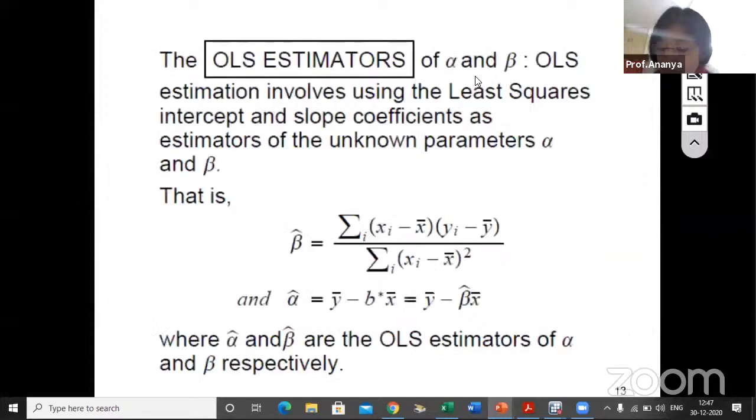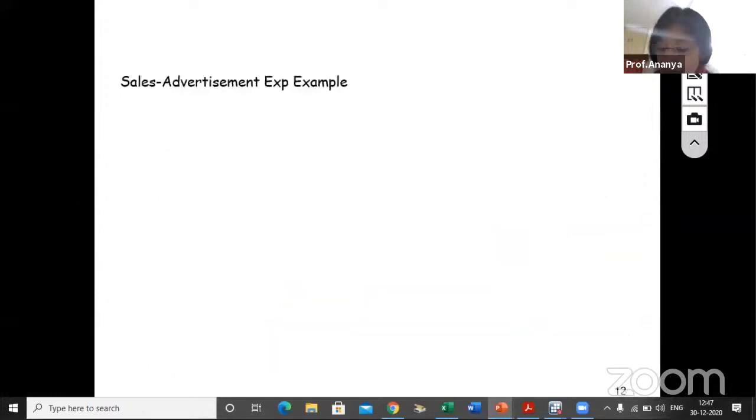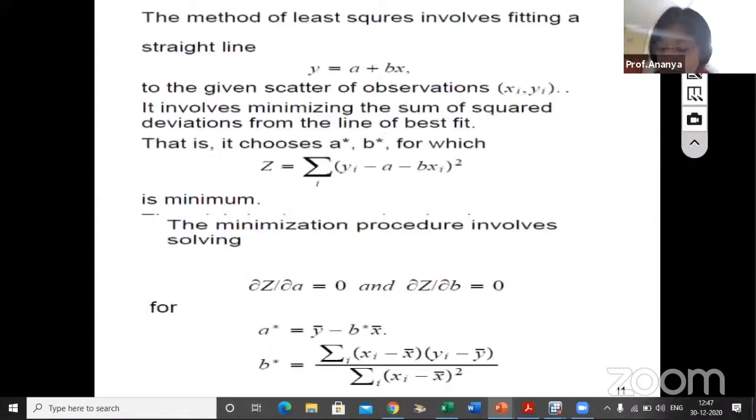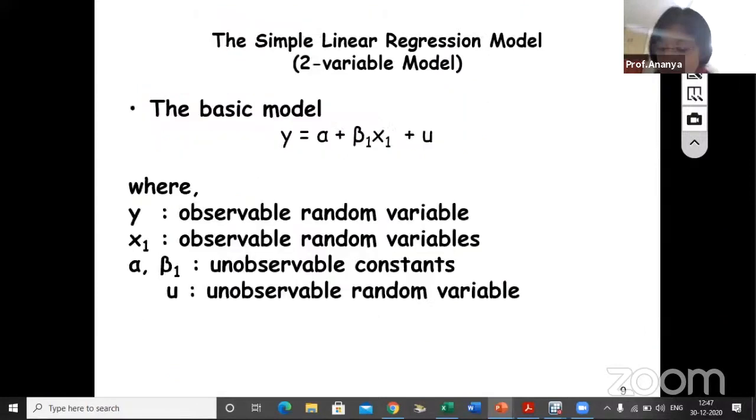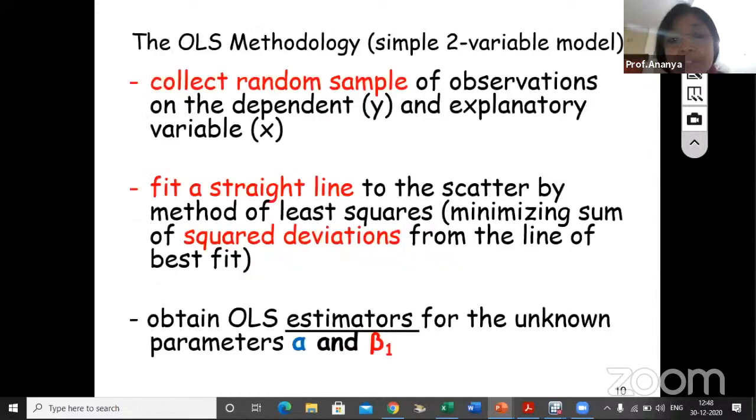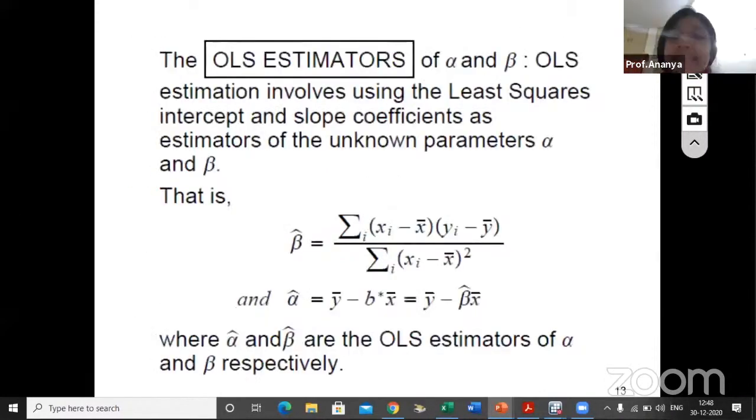Just to take you back to the model: two variable regression involves estimating a straight line relation between y and x, where the form of that straight line is y is equal to alpha plus beta x. So how do you choose this alpha and beta? You use the following formulae. The OLS estimators of alpha and beta are alpha hat and beta hat.